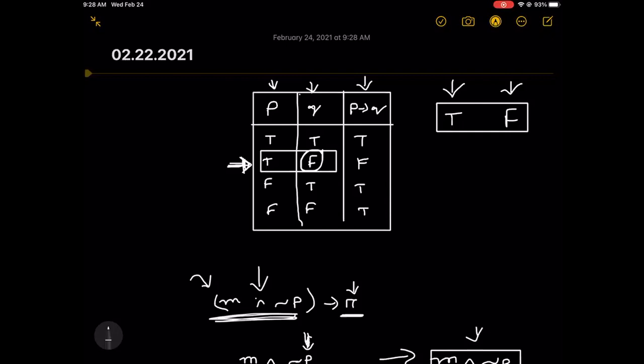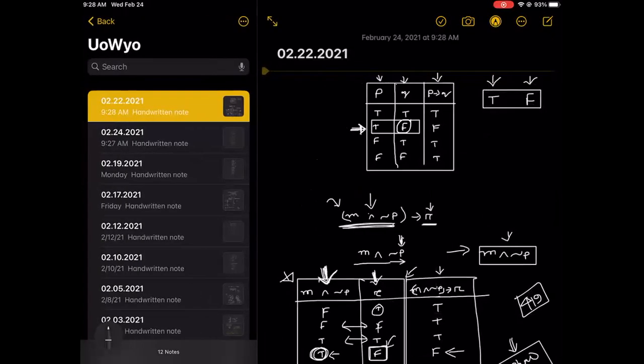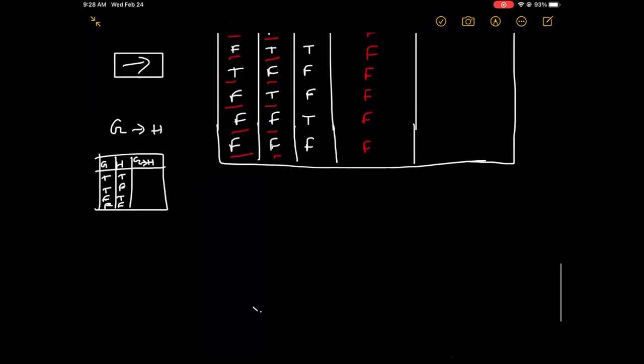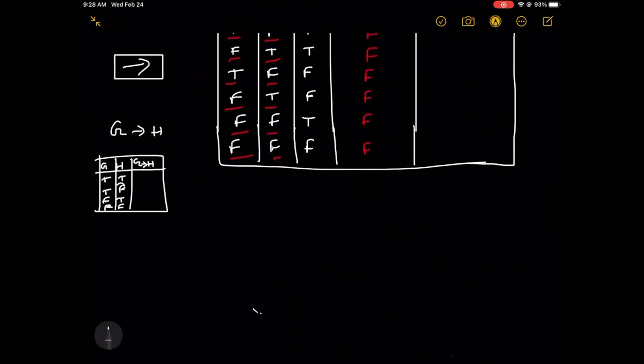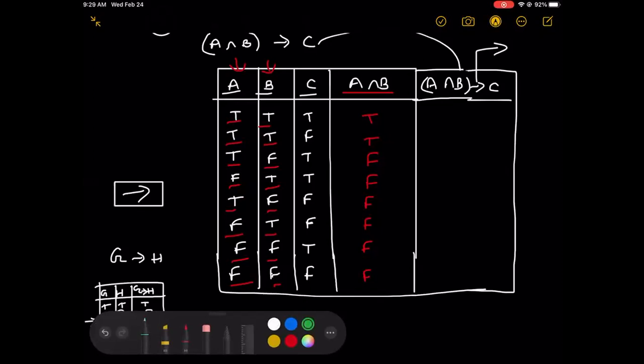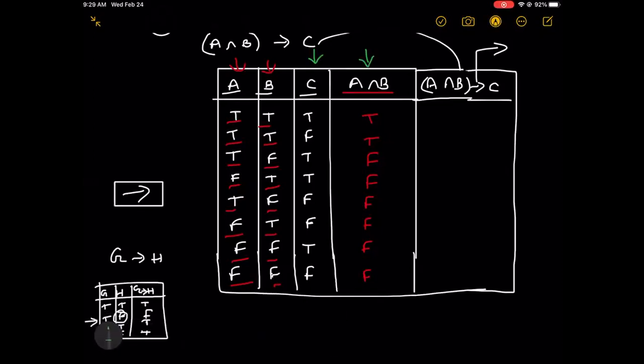Okay, so for conditional, as I said, if you have a problem like this, only if the second condition is false, even though the first condition is true, like this one, only in that case it will be false. Other than that, it will be true. So can you relate this idea here? Definitely, we want to consider only this and this column, not the first two. And on this occasion, the first condition is definitely this.